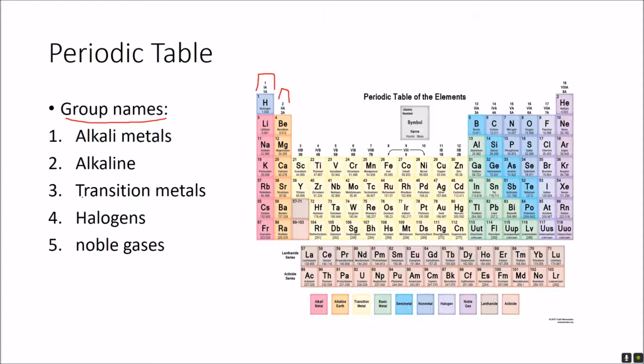Third is the transition metals, which are these elements colored in yellow. Then halogens in group number 7. And last are the noble gases, which are in the last group. These noble gases are the most stable elements in the periodic table.